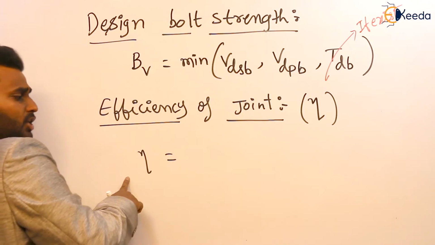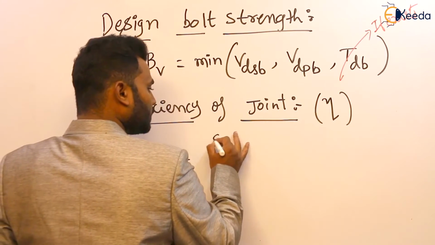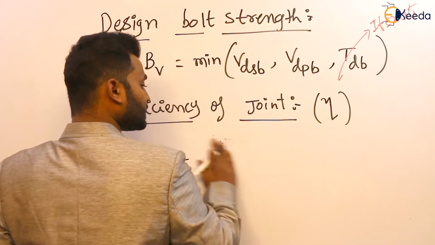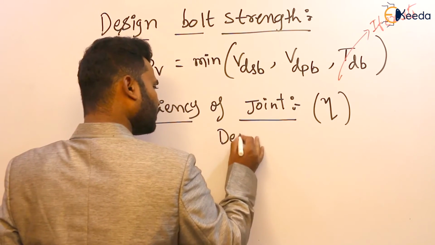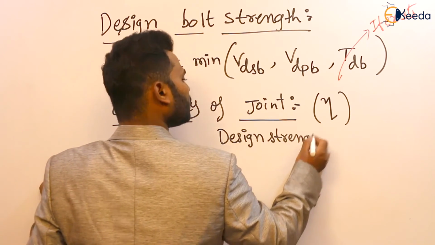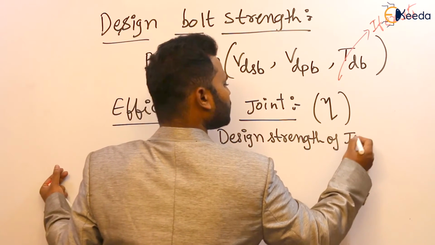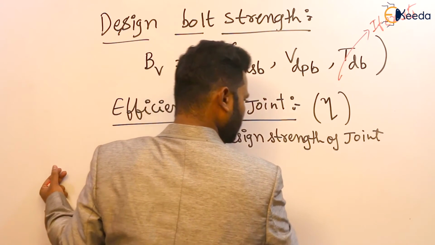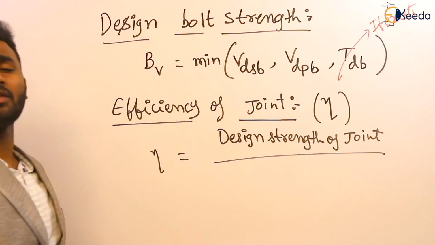Efficiency is nothing but a ratio of the design strength, not simply strength, the design strength of the joint. So what is the design strength of the joint?